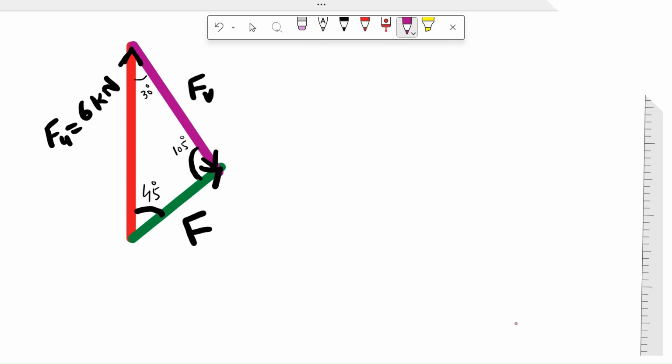Now I will find the value of the resultant force. The force divided by the sine of its opposite angle. So we have this force F, and its opposite angle is this 30. So F over sine 30-degree equals the known force Fu, which is 6 kilonewton, divided by the sine of its opposite angle, which is 105 degree.